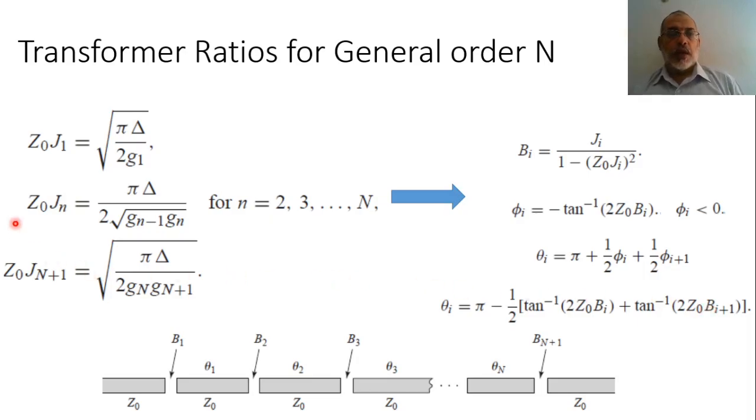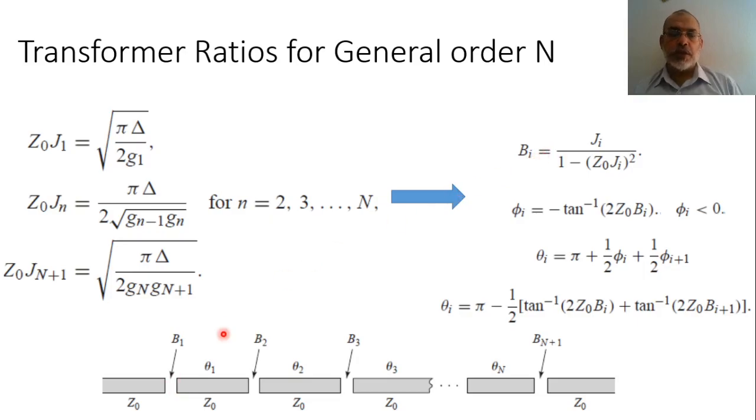So, by knowing the values of G, which correspond to the values of the low pass filter prototype, we can obtain the required values for the admittance inverters. From the required values of the admittance inverter, we can obtain the required admittance Bi. Bi corresponds to the capacitance between the transmission line sections.